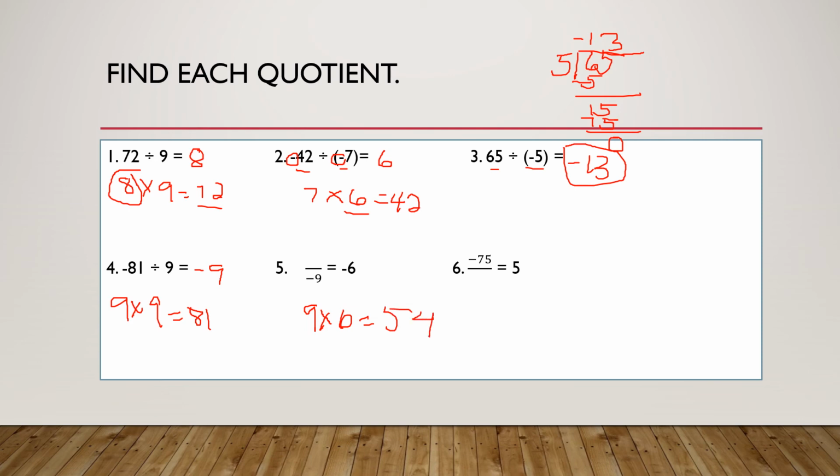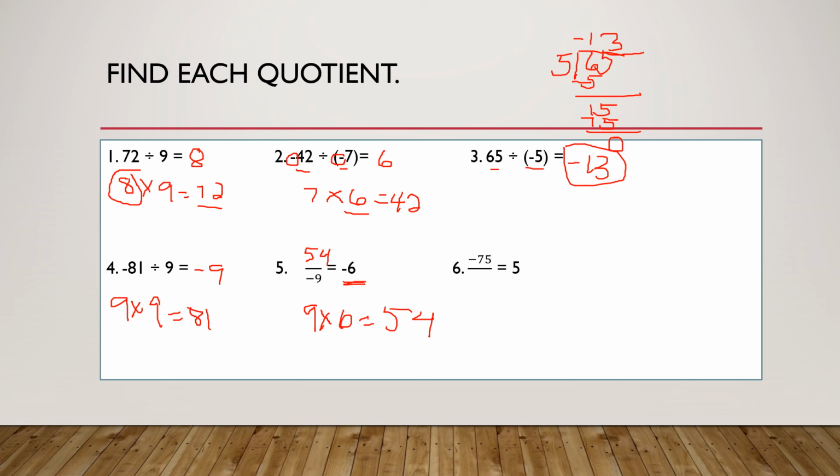So what is missing here is positive 54. Why? Positive 54 divided by negative 9, the quotient is negative 6. Because if we divide unlike signs, the quotient is negative.